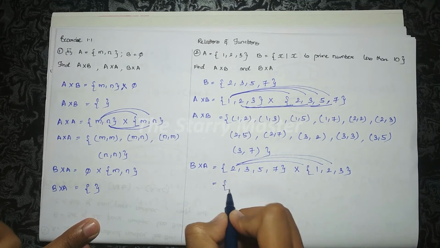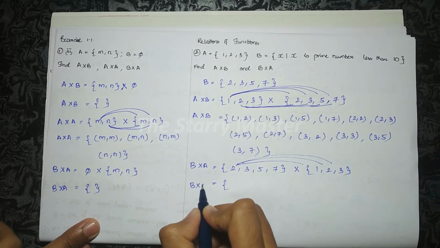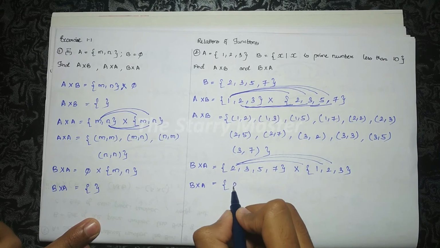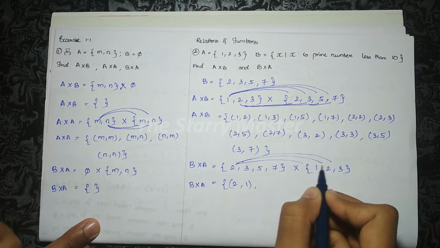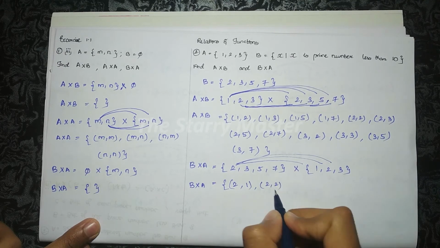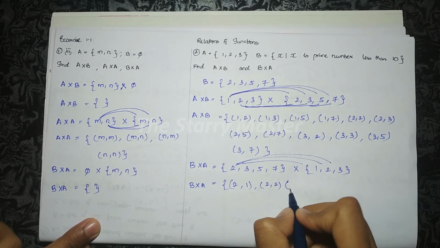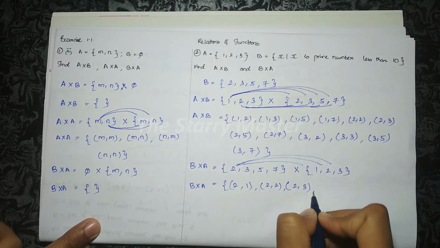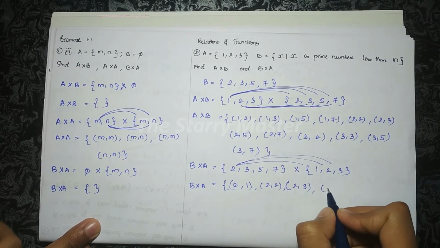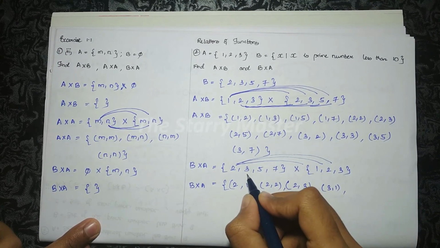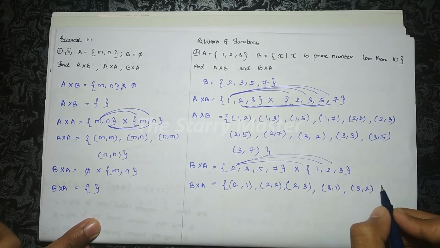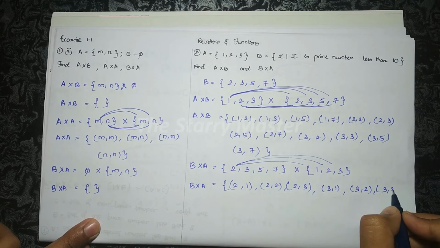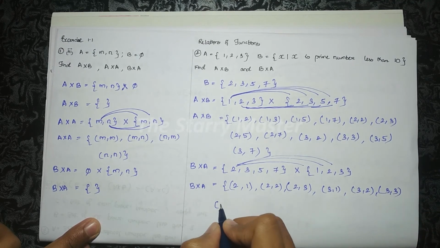B cross A is (2, 1), (2, 2), (2, 3), then (3, 1), (3, 2), (3, 3). Similarly for 5 and 7 also.